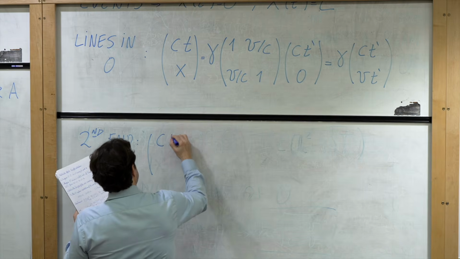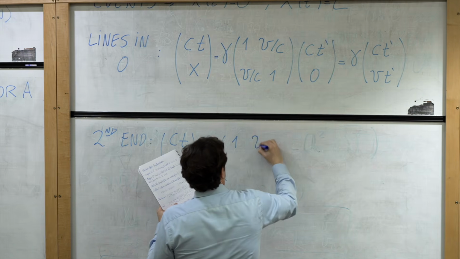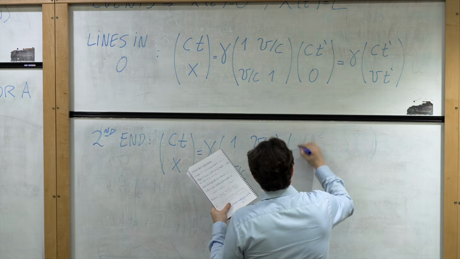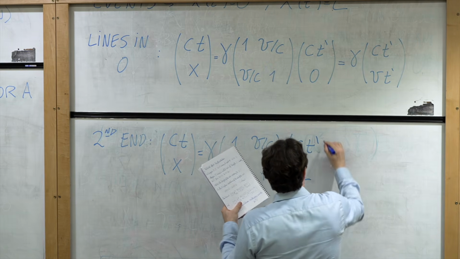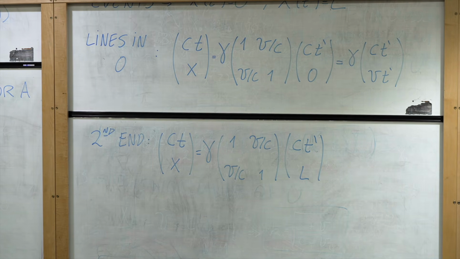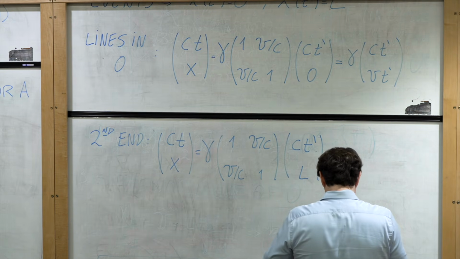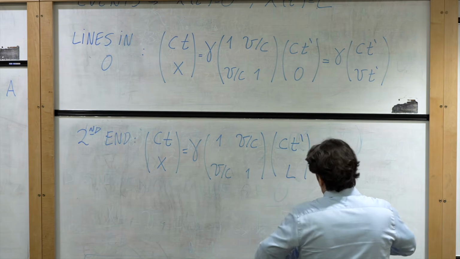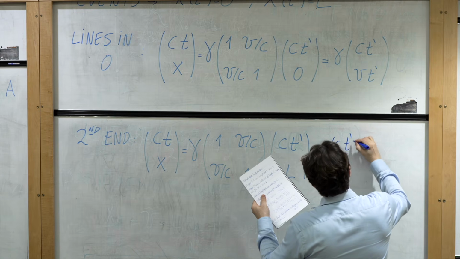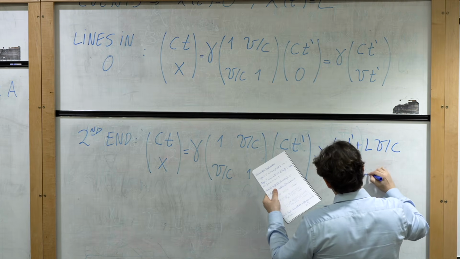It maps to (ct, x) equals gamma (1, v over c; v over c, 1) acting on (ct prime, L), and this is gamma (ct prime plus L v over c, v t prime plus L).